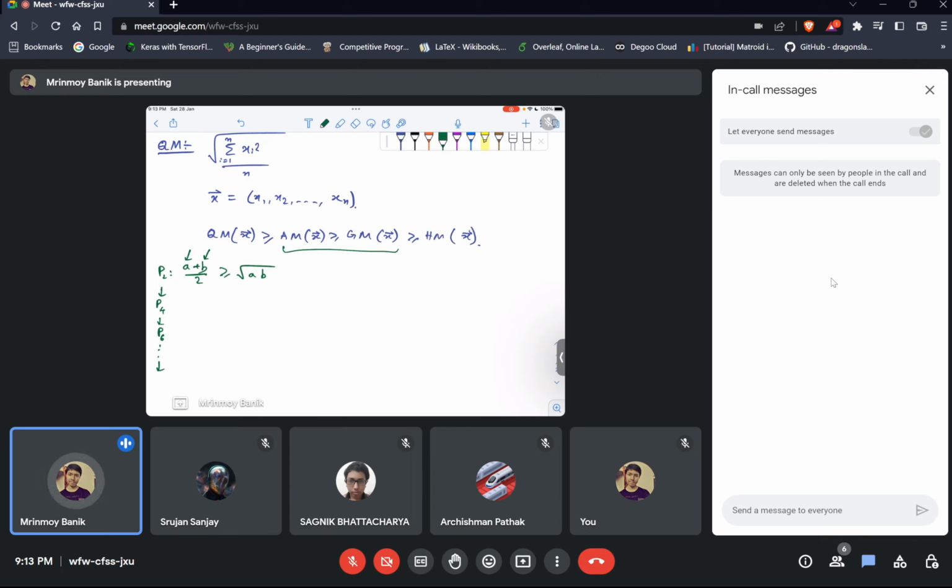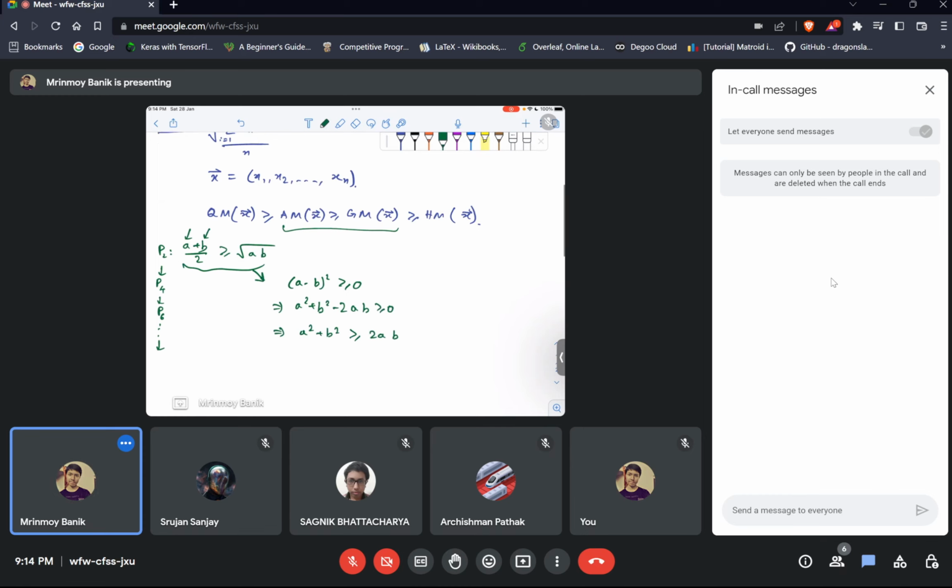Okay, so first, let's show how to prove this. We can use a minus b whole square greater than or equal to 0. Using this, a squared plus b squared minus 2ab is greater than or equal to 0, which is a squared plus b squared greater than or equal to 2ab.